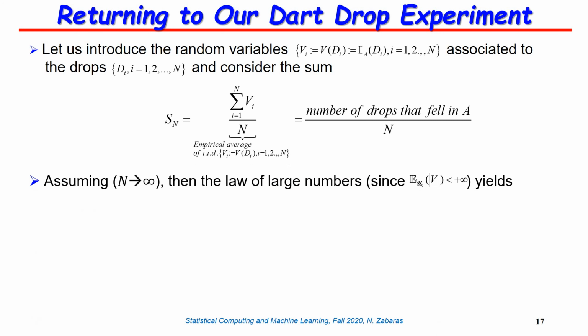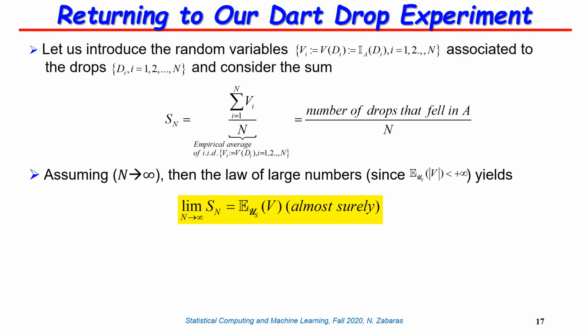So formally I can write this with this equation: as n goes to infinity, this empirical average converges to the expectation under the uniform distribution of this random variable v, where v corresponds to throwing the dart to an arbitrary location x and y inside the square, and v, remember, are indicator functions which are either 1 if I'm inside the circle, or 0 if I am outside the circle.